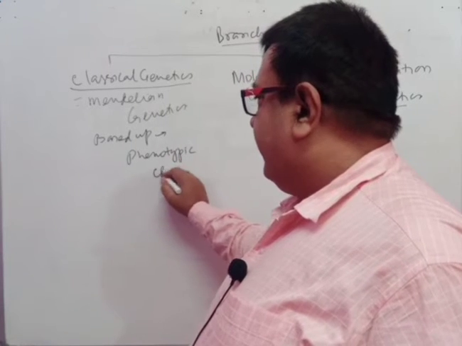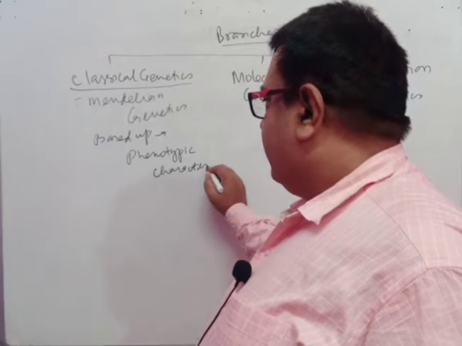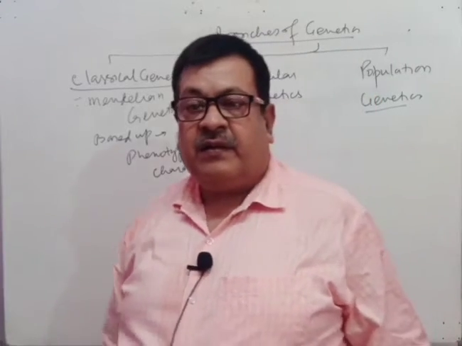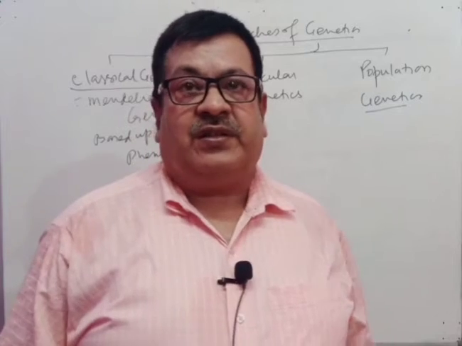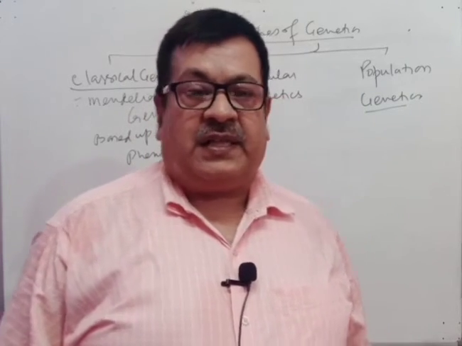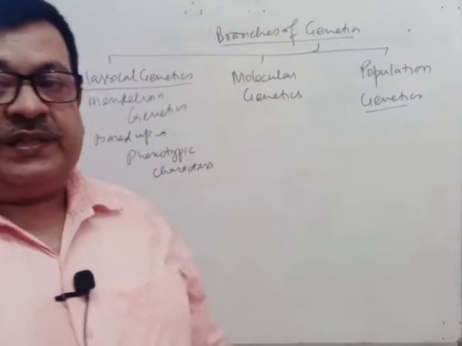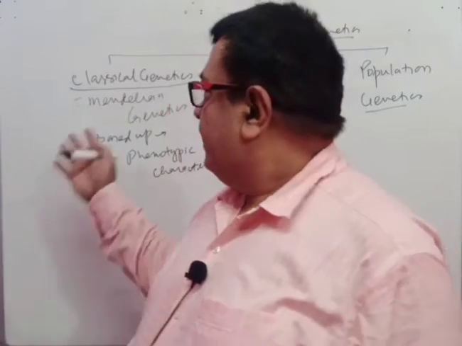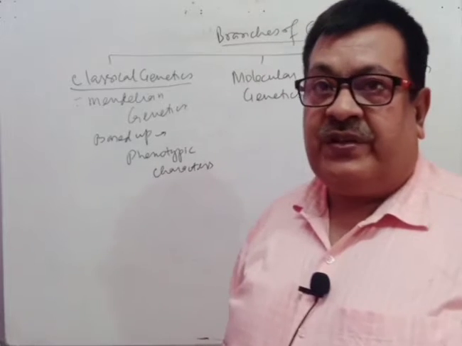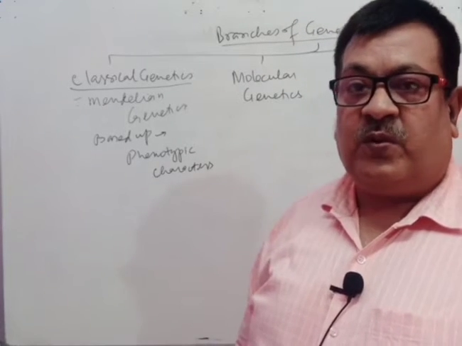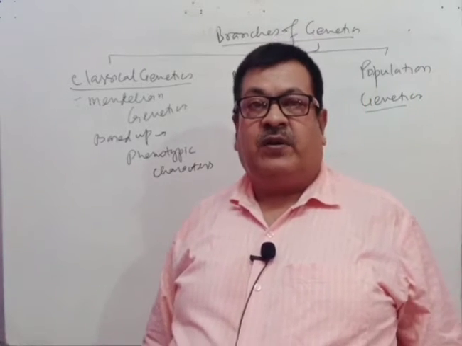Phenotypic characters means that appears externally, but external appearance sometimes causes delusion, and it is corrected by molecular genetics. So classical genetics explains only superficial results in the ratio and proportion of characters from one generation to another.